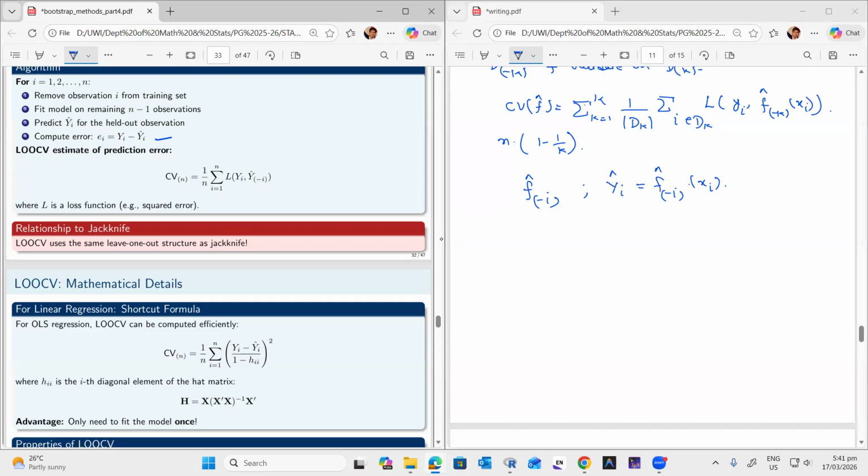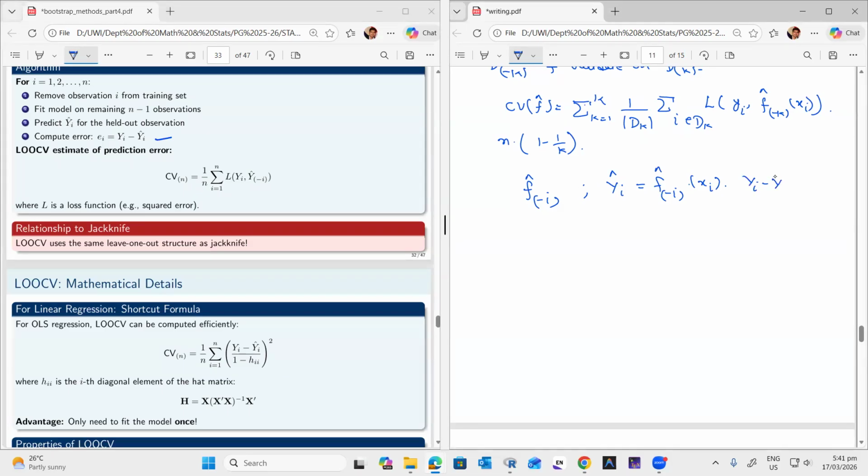This choice of the error metric depends on the problem. For regression, squared error, that is yi minus y cap i whole square, or absolute error, that is the absolute difference of yi minus y cap i, are common. For classification, it might be the 0-1 loss function that we can use.